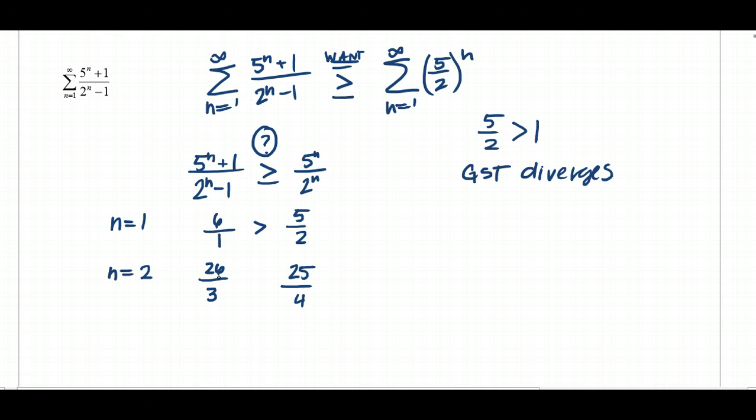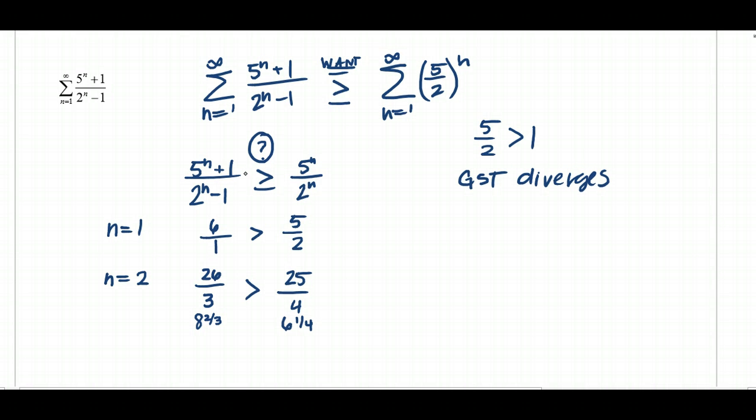So now let's try to think about these as mixed fractions just to compare them. So 3 goes into 26 8 times, and I have 2/3 left over, whereas 4 only goes into 25 6 times with a remainder of 1/4. So 6 1/4 is less than 8 2/3, so we have greater than again. And again, as we get better comparing fractions here, we didn't really have to plug in numbers to test this.